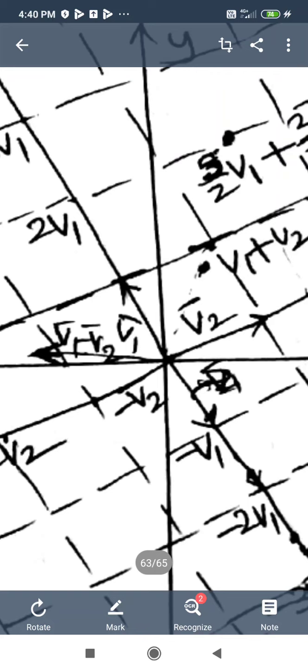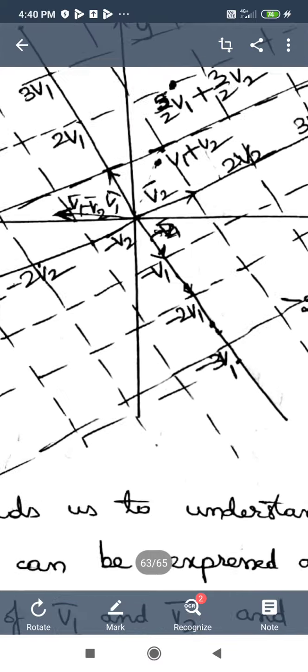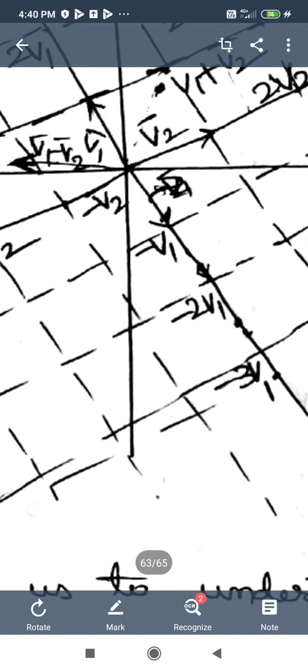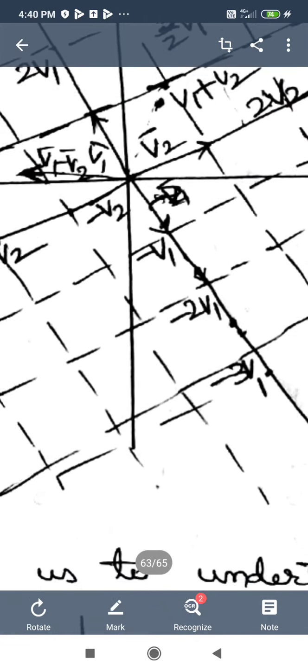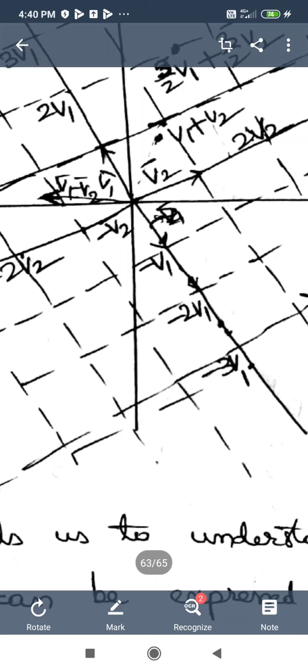When the parallel lines are drawn with respect to v2 bar, they are at a distance v1 bar on both sides of v2 bar. And when we see in the purview of v1 bar, there are parallel lines on either side of v1 bar at a distance of v2 bar on either side.